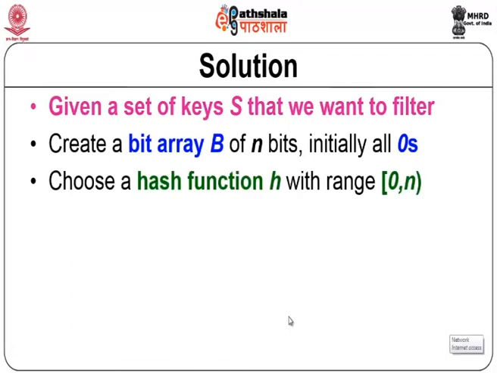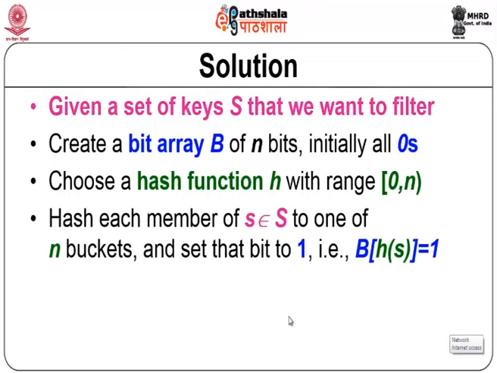Then you will have to choose a hash function. You can choose one or more hash functions based on the necessity. Assume you choose one hash function h, which evaluates in the range of 0 to n. When an element S, which is part of your data stream, comes into the picture, you send the element S to the given hash function.